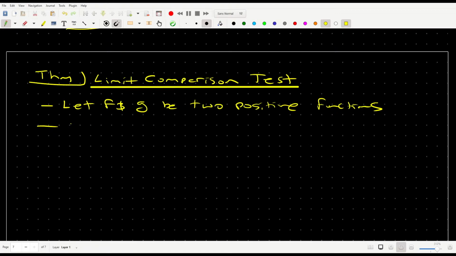Also assume that they are continuous from some value a to infinity. So on the entire interval from a to infinity. Again, this is the limit comparison test for improper integrals of type 1, just like the direct comparison test was for improper integrals of type 1.